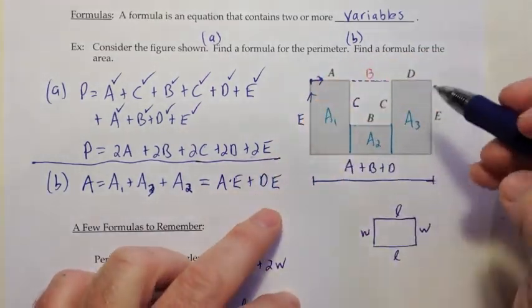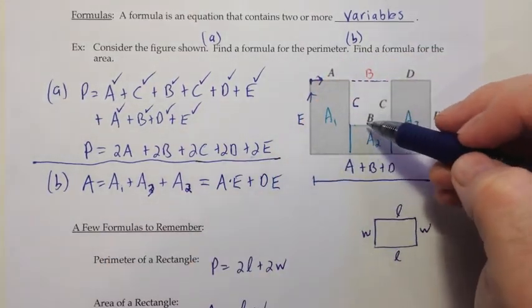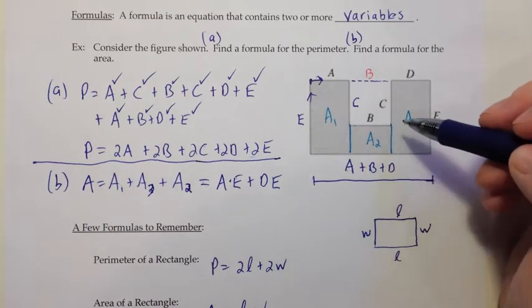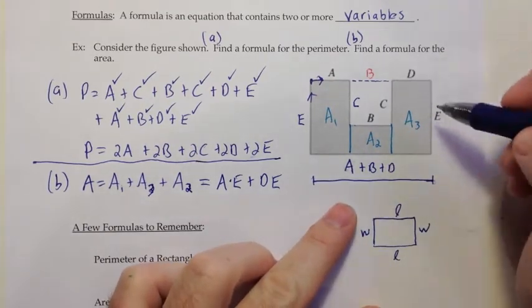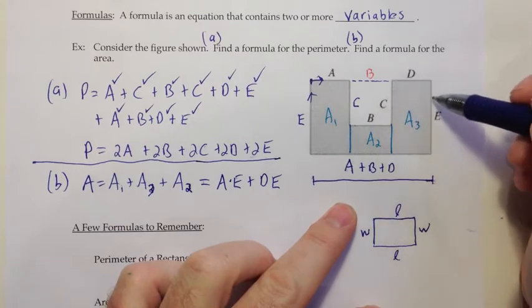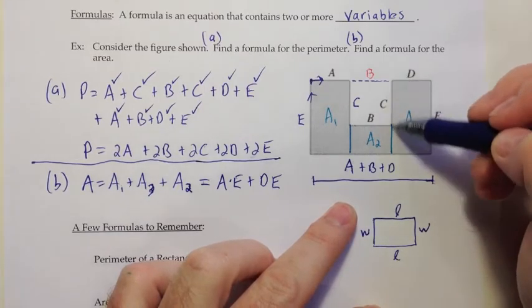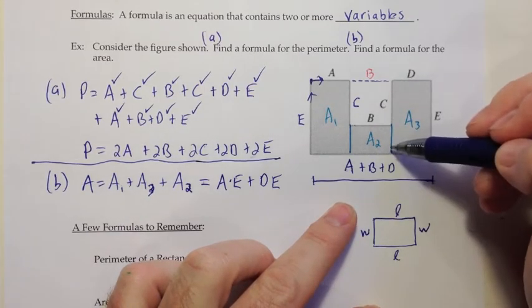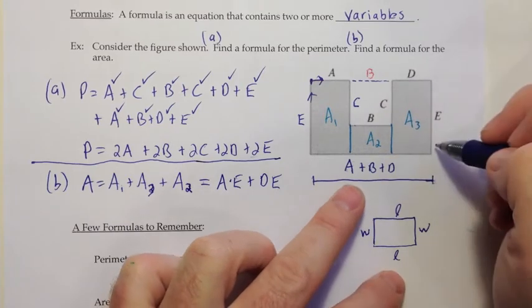And then the toughest one is this segment right here. So across is B, but how tall is it? So here's my argument. If this side is E, then this whole side is E also, but I don't have the C part.